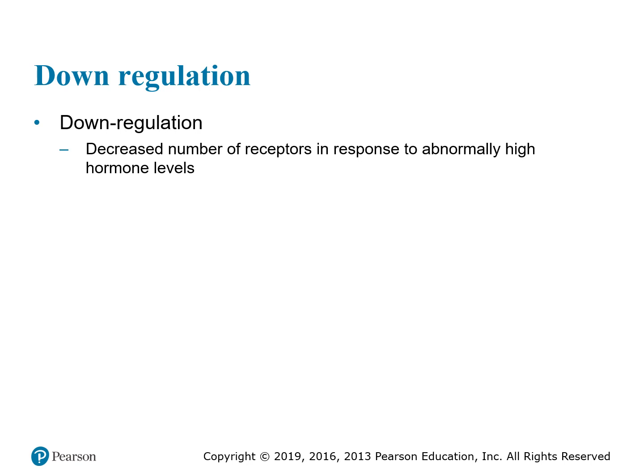An example is if someone is producing too much insulin, so you have too much insulin in your bloodstream, your cells can start down regulating and removing those insulin receptors from the surface of the cells. Why is that bad?